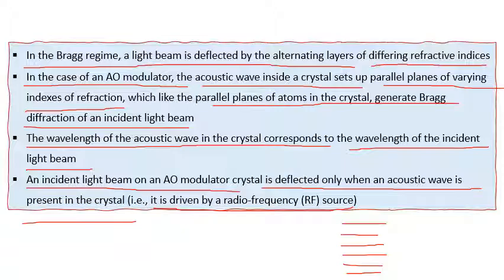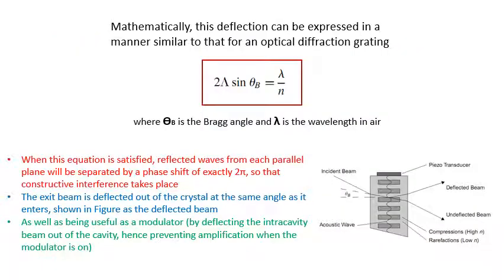Now we move further. What do you see here? There's a mathematical relation, and if you have studied Bragg diffraction in solid state, you can easily understand the things here.